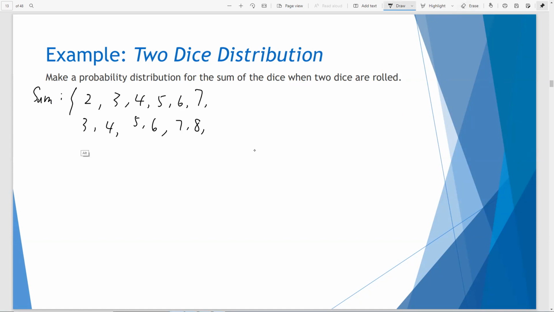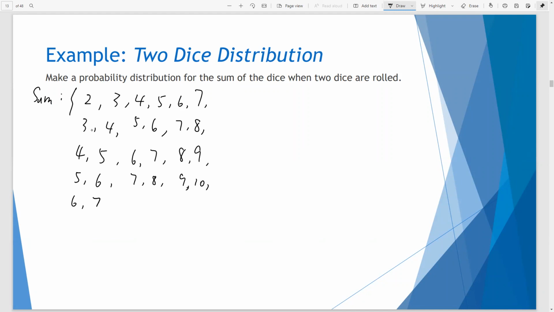The first is 3, second is 1, that's 4, 5, 6, 7, 8, 9. Then 5, 6, 7, 8, 9, 10. Then 6, 7, 8, 9, 10, 11. And 7, 8, 9, 10, 11, and 12.